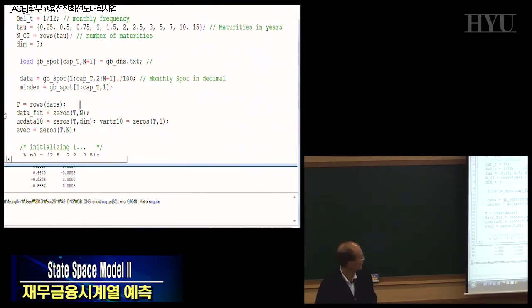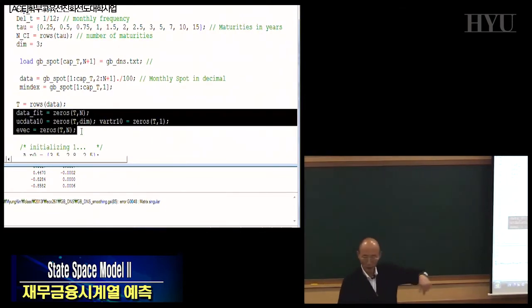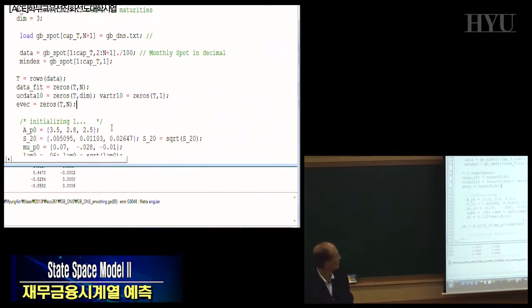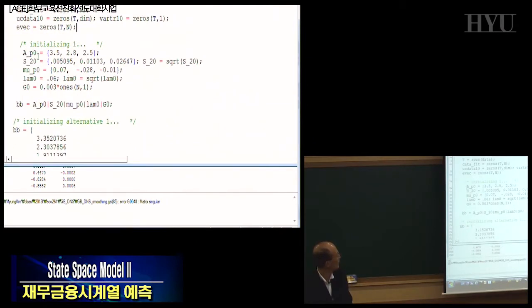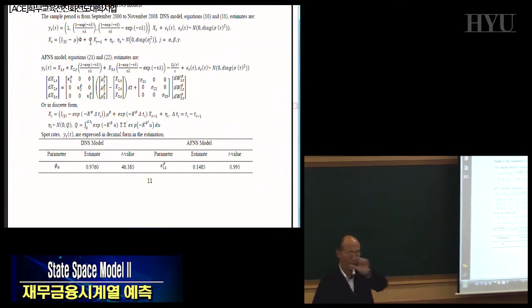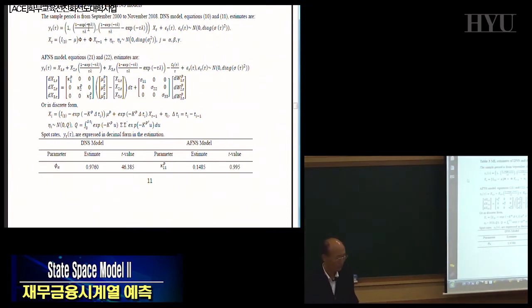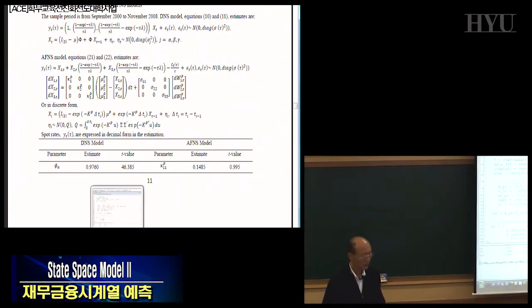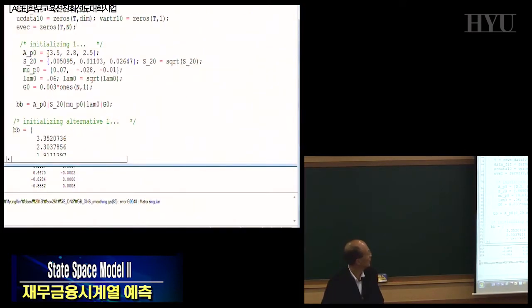These are to store some intermediate variables. Then you have to initialize this problem, because you have coefficient pi, which has 3 numbers on the main diagonal, so you have 3 parameters to be estimated.